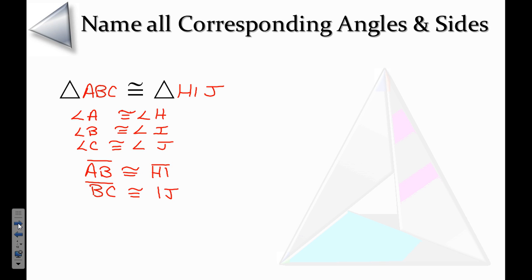IJ. Yep. IJ. Very good. Okay. Piper, which side will be congruent to side AC? HJ. And we could do that again if you want. But is everybody okay? You're good with how to name these? Okay. So let's not take the time.